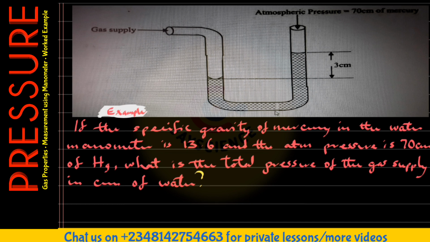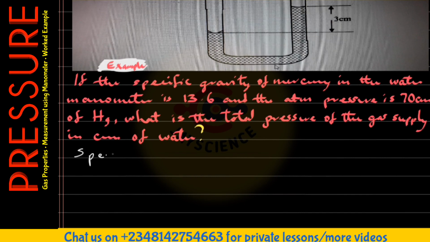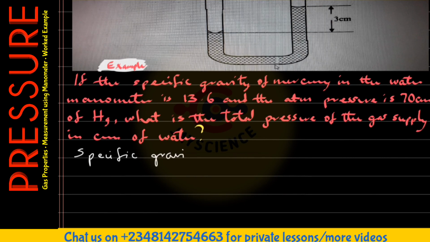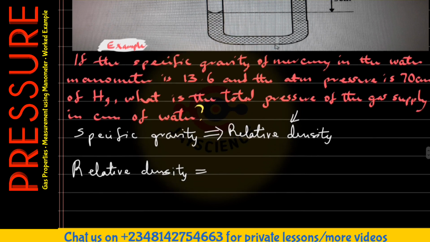Okay, now first things first, what I want you to know is when we use the word specific gravity, it is the same as saying relative density. On the other hand, we need to know what relative density is. Relative means we're comparing the density of two substances.